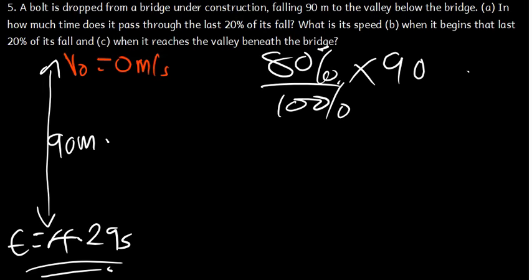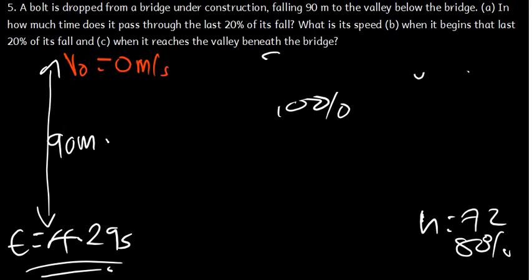I'm getting 72. So the distance for the 80% is going to be 72. So h is equal to 72. That is 80%. We know that 100 minus 80 is 20, so that will be the last part which we're going to have.